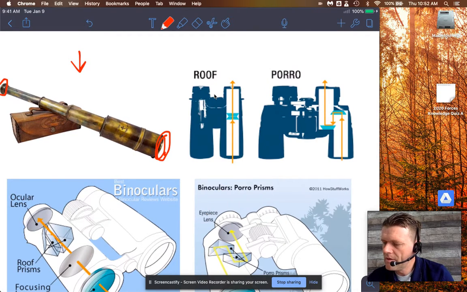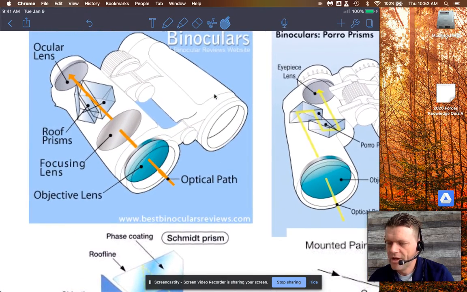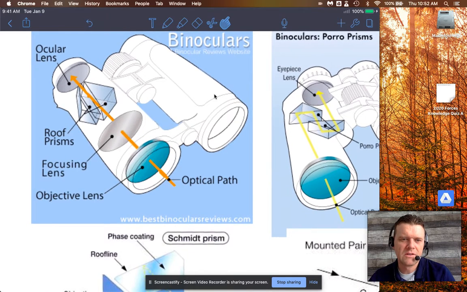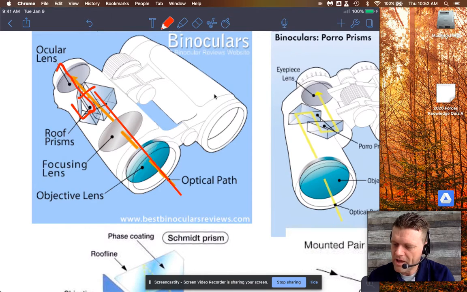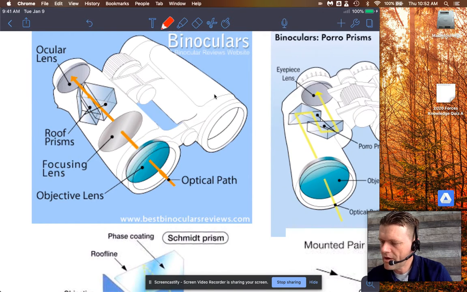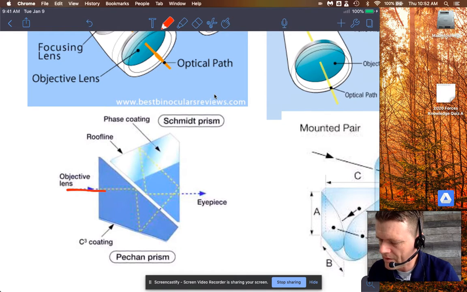We'll look at the roof prisms first. The light comes in, enters these prisms, follows a certain path and then goes into your eye. That pathway is indicated down here. You can see this dotted line coming in. Here's the objective lens, so light would come in right here.